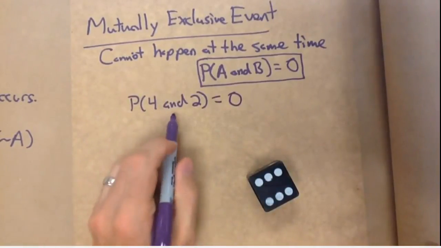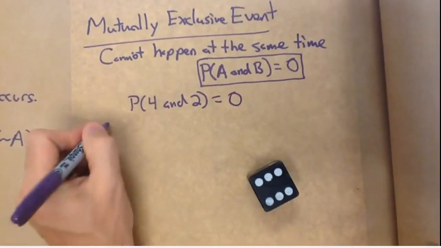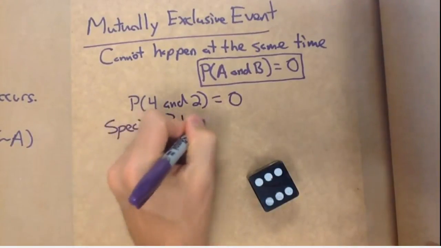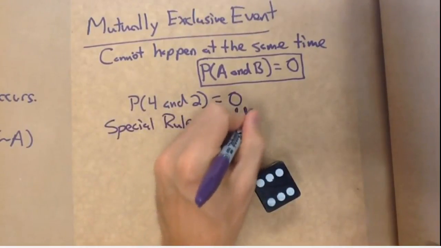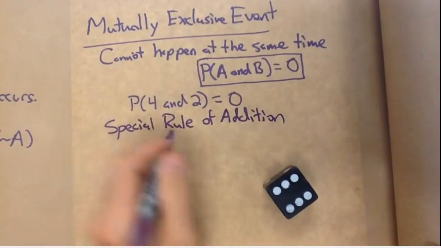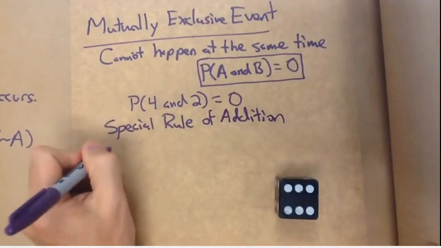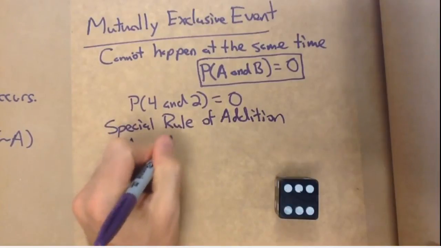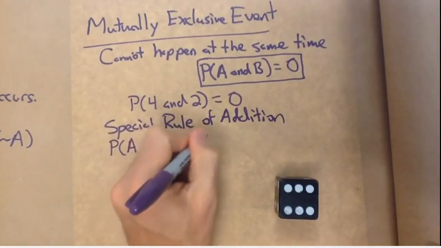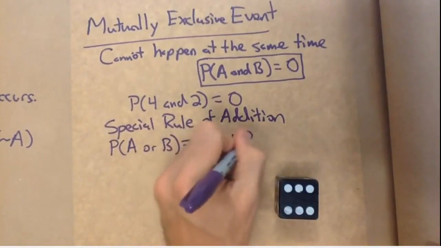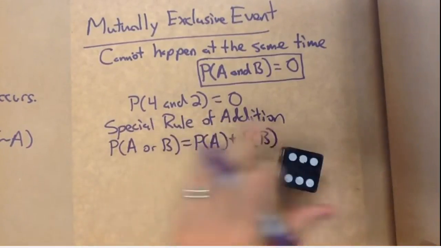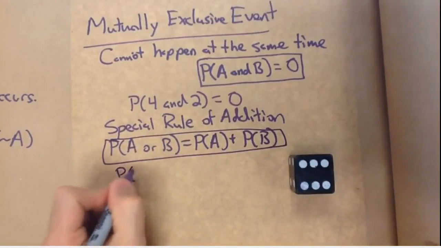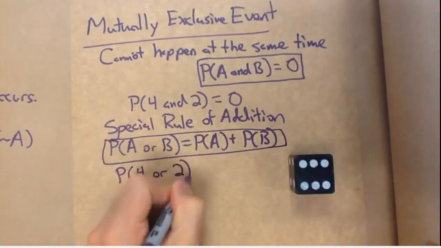But we bring up the special idea of or, and this is where we get our special rule of addition. Because and really limits us, but or gives us options. And this is where we're going to say the probability of A or B is equal to the probability of A plus the probability of B. So let's change it now to fit the probability of rolling a 4 or a 2.